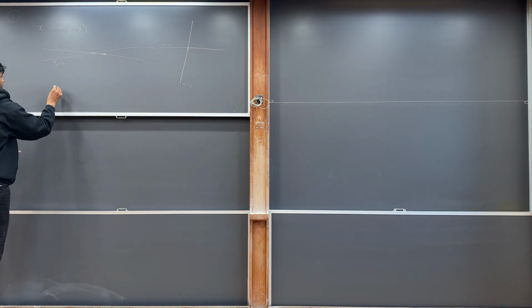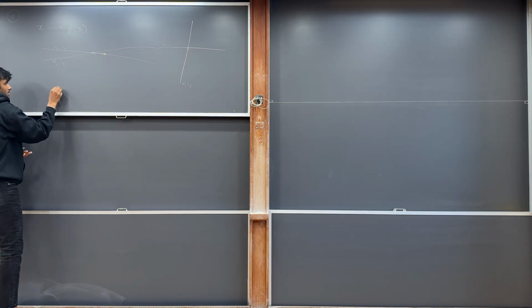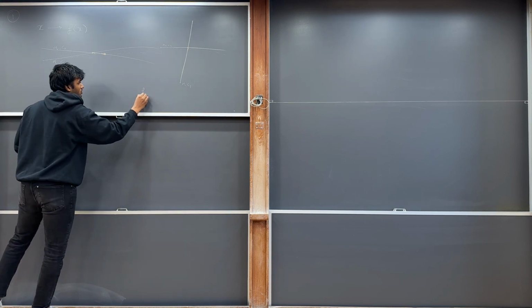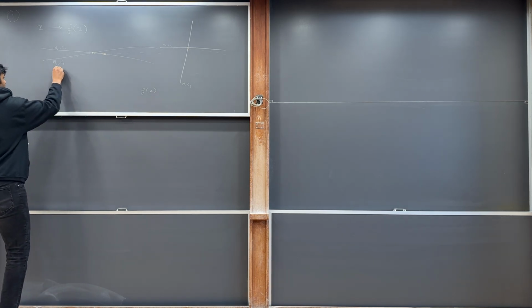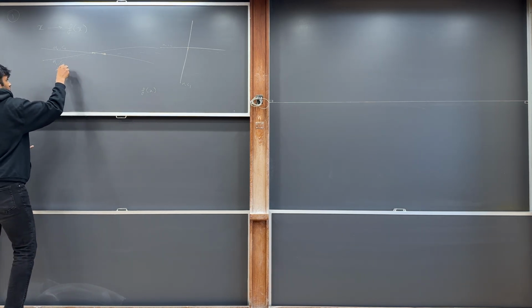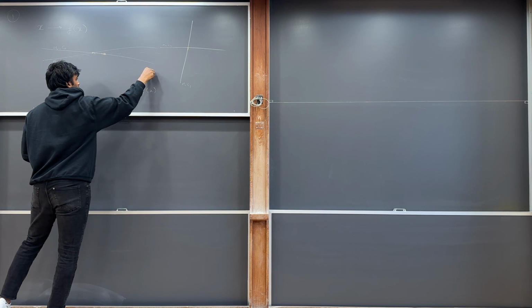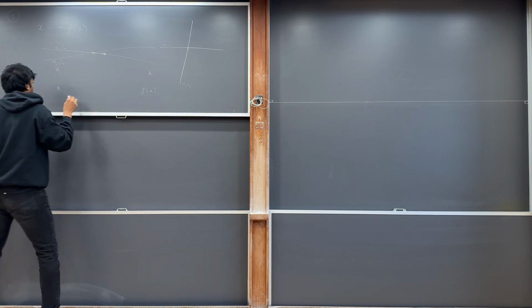So for example, let's say I have my point x in my space, which is mapped to f of x in another space. This is in some d dimension, this is in some k dimension, whatever.